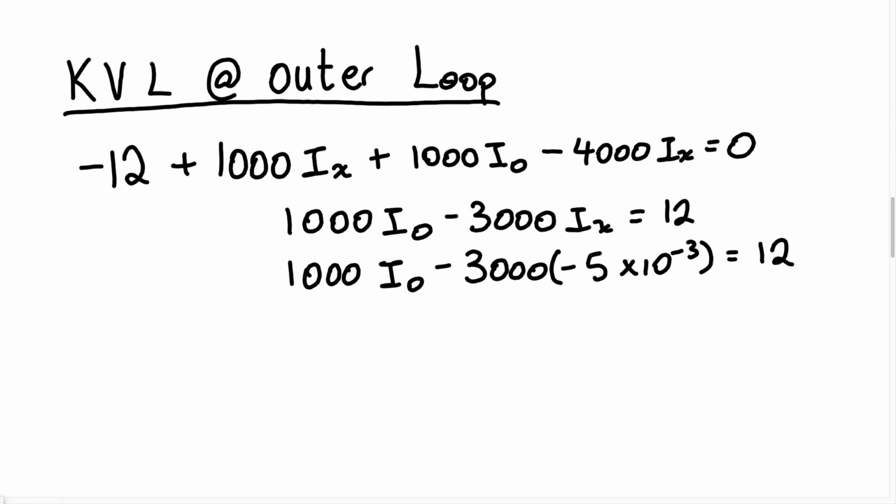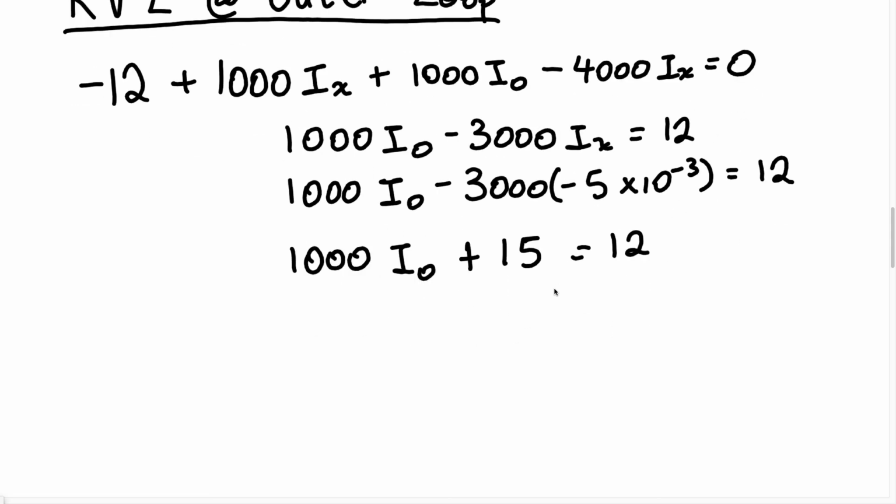When we simplify this, we're going to get 1000 IO. When we multiply this now, we're going to get a positive 15. So we have plus 15 equals 12. When you simplify this, we're going to get 1000 IO equals 12 minus 15.